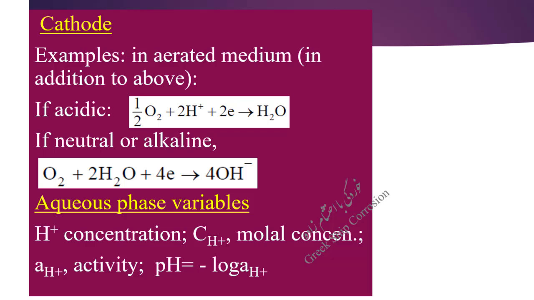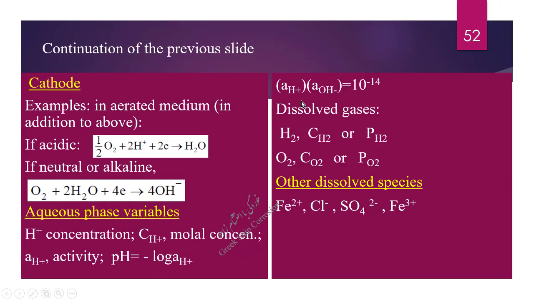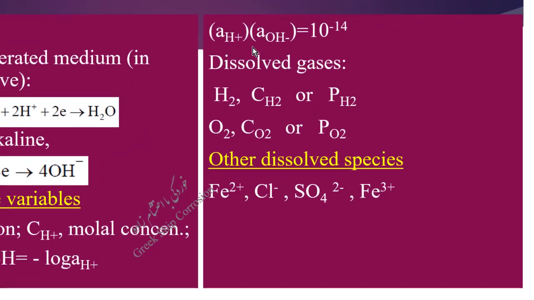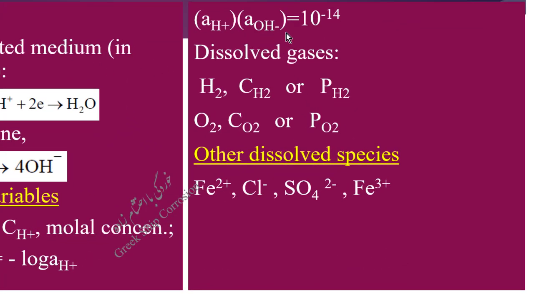Aqueous phase variables. H+ concentration, shown with C_H+ and A_H+, which are the concentration and activity of H+, and pH, or minus logarithm of A_H+. The product of A_H+ and A_OH- equals 10 to the power of minus 14.